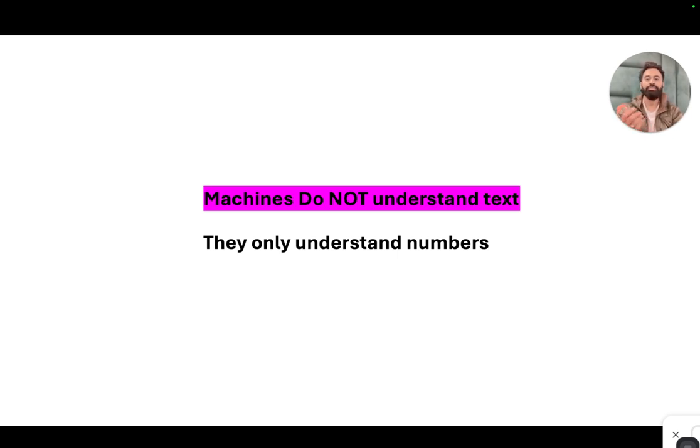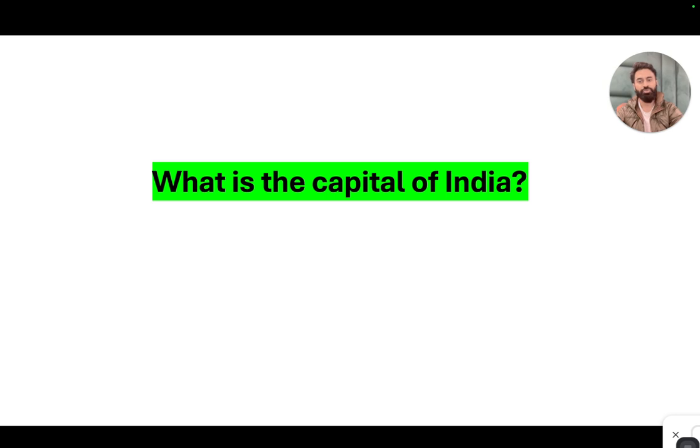How can a machine recognize the similarity between two texts? For example, when you ask it what is the capital of India, it will generate the word New Delhi, right? That is where embedding comes into the picture.